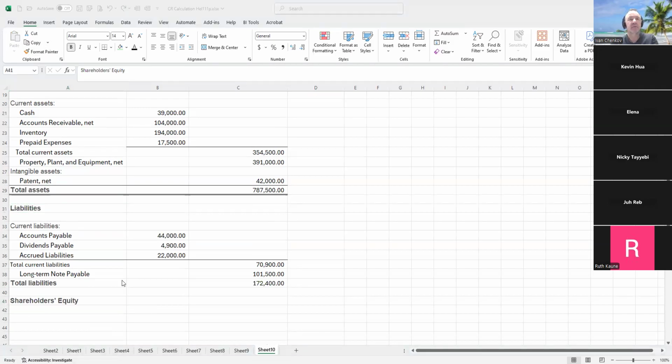Shareholders' equity, and then we're going to have contributed capital. For the contributed capital, we have to somehow fit all these descriptions.